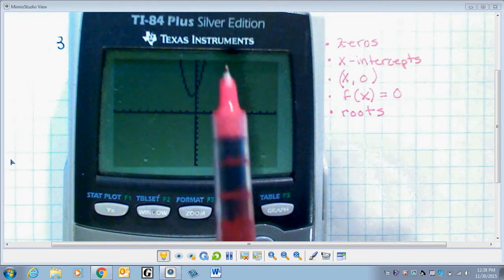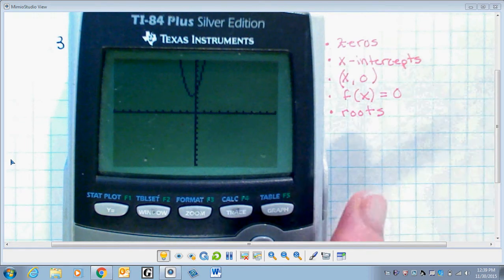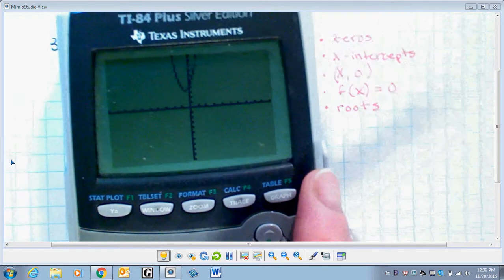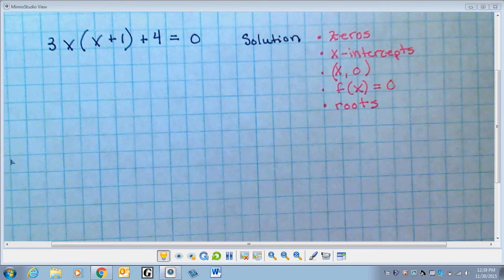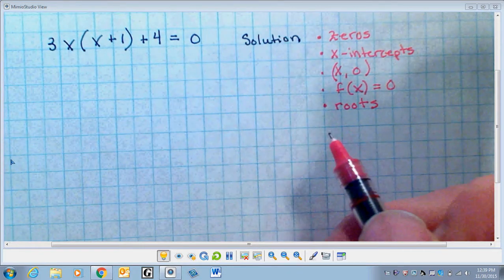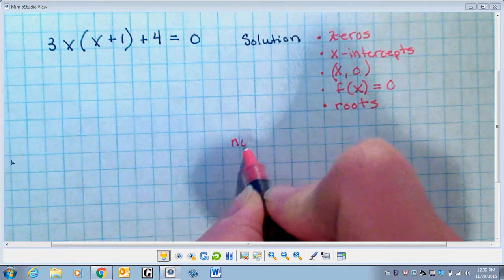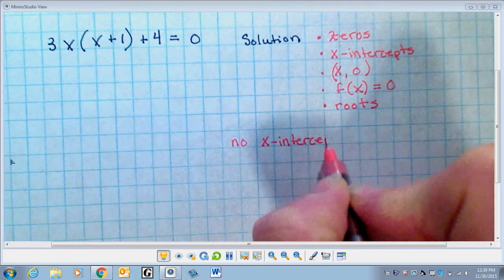So my quadratic is not touching the x-axis, so I'm like, oh, well, what do I do? So initially you're going to think there are no solutions. Well, you're half right. When my parabola does not touch the x-axis, there is no x-intercept for this problem.